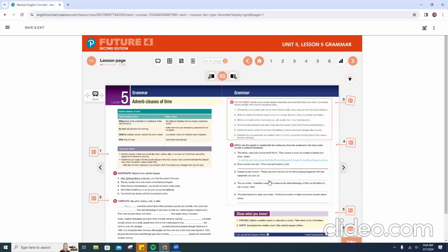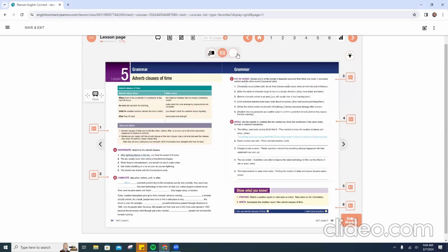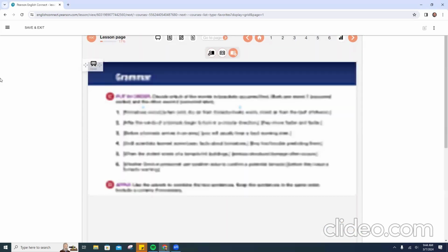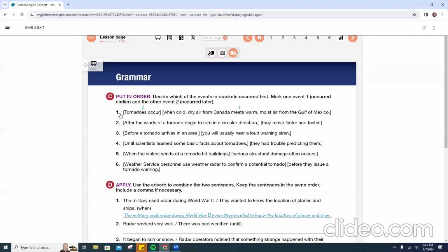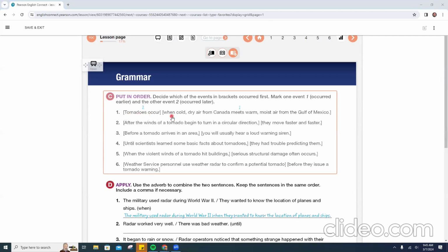Okay, so now we're going to be looking on page 95. So page 95, put in order. Decide which events in the brackets occurred first, mark a number 1, and the other events occurred later, number 2. For example, tornadoes occur when cold, dry air from Canada meets warm, moist air from the Gulf of Mexico.